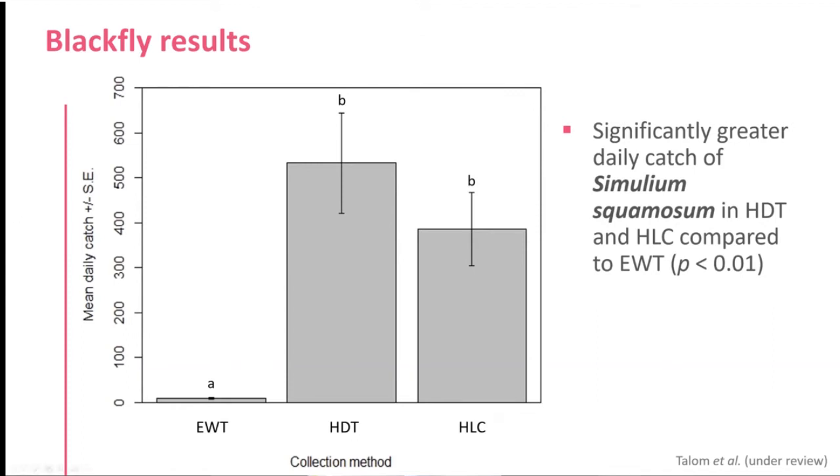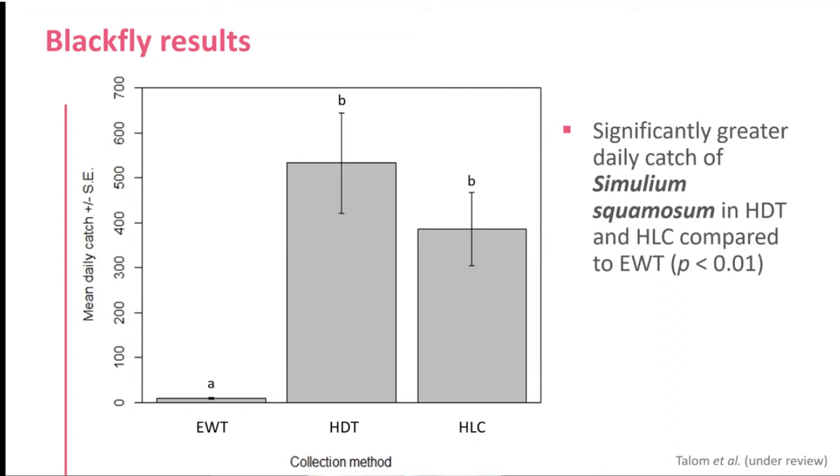And you can see from the figure here that we had really quite dramatic and encouraging results for blackfly. Both the host decoy trap and the human landing catch caught significantly more squamosum than the Esperanza window trap by quite some way.